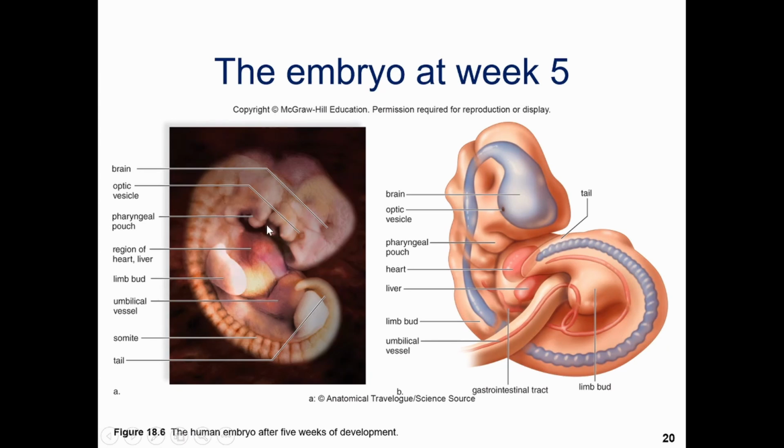So we have the optic vesicle, we have a brain, we have the regions for the heart and the liver. Here's a limb bud, so it'll eventually become an arm. So again, it's not quite what we're used to when we think of a human face, but we're starting to get there. We're starting to see some of those structures.